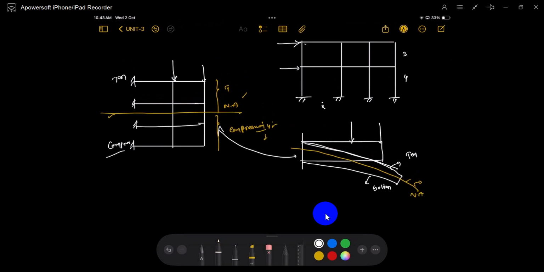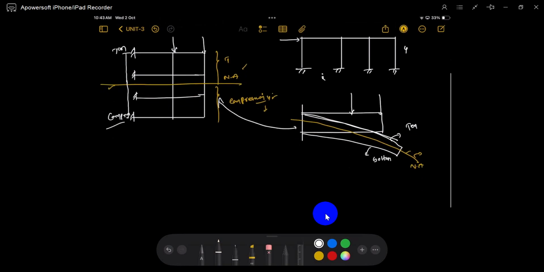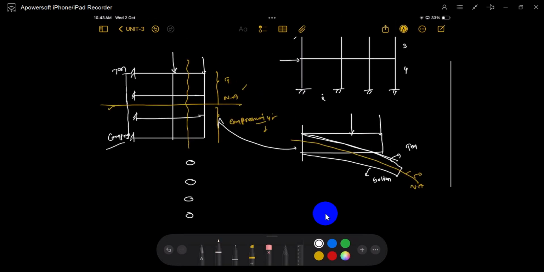Take a section, with its sectional area. The neutral axis we can consider in terms of the areas also. This is the only area present in the section. The columns may have different areas, so this area is A1, this A2, A3, A4.